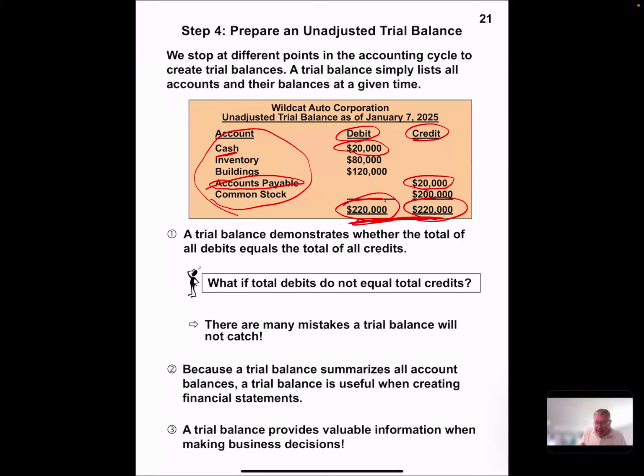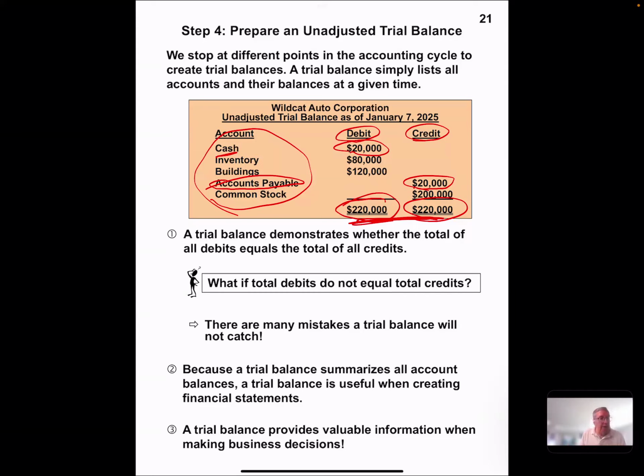Okay. Now, what if it doesn't equal? The chances are when you start doing this, things may not work out. If total debits don't equal total credits, it means something's wrong. You made a mistake. You may have reversed something. So maybe when you paid off that accounts payable, maybe you debited cash and credited accounts payable for 60,000. That's going to throw everything off, right? So you have to go back and check everything.